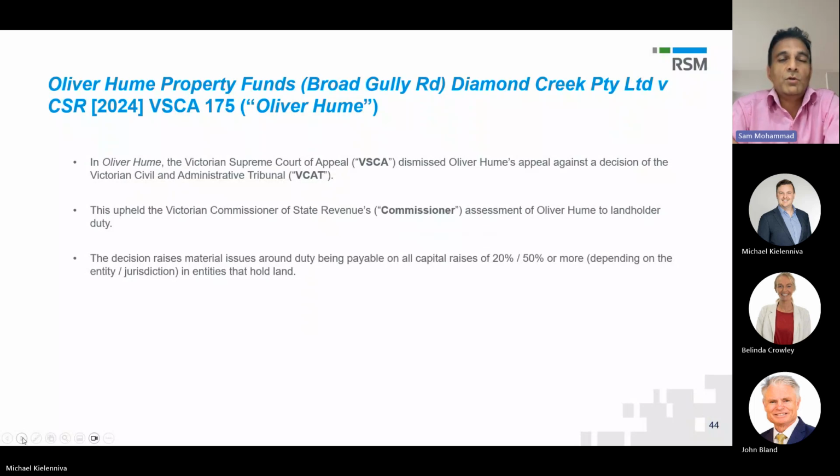And given we don't generally get a lot of luxury car tax decisions, particularly at the High Court, that will be one to debrief on in the next session.